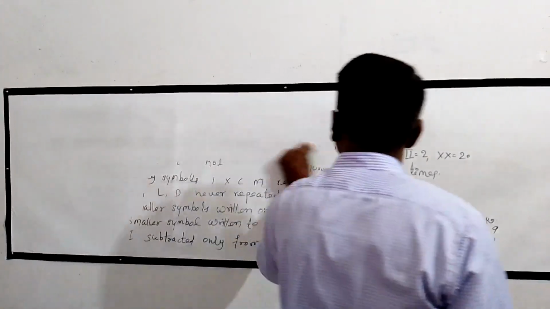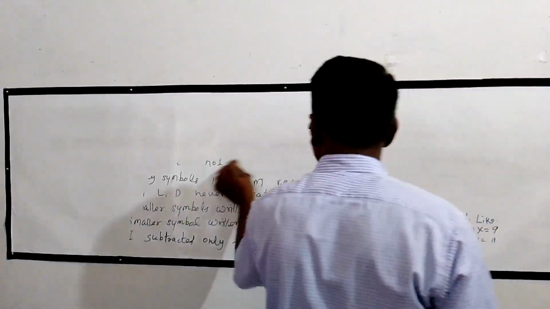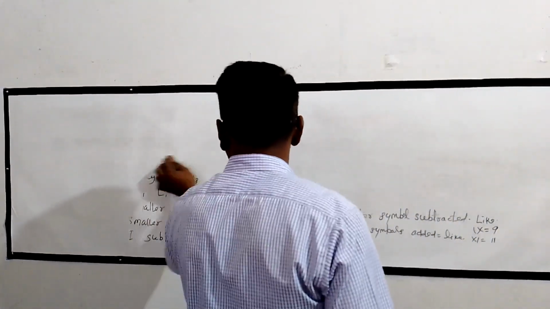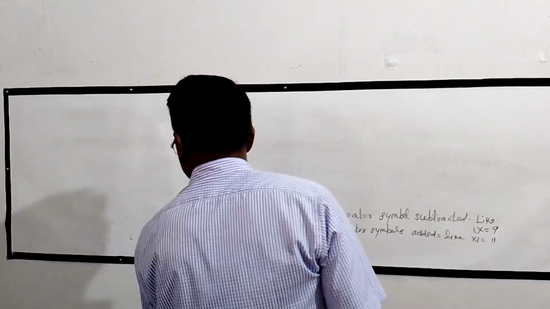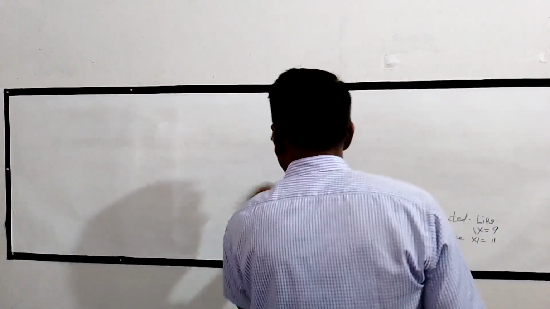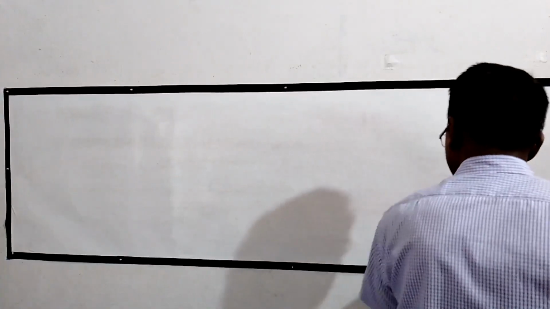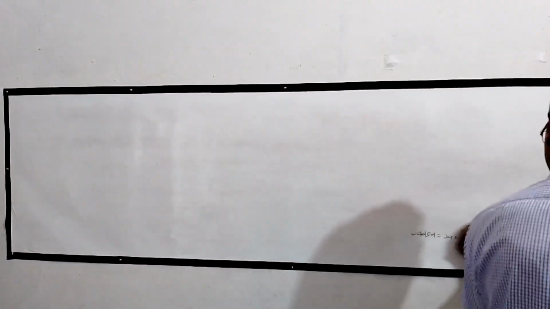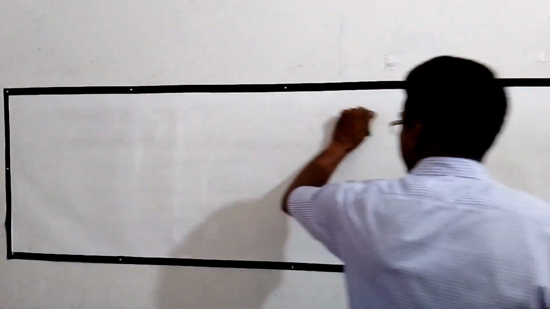In the next class I will discuss the several exercise questions and your problems. If you have any problem solving them, any query from your side, I will discuss all those queries and problems from the exercise, and then we will further move to the next chapter.